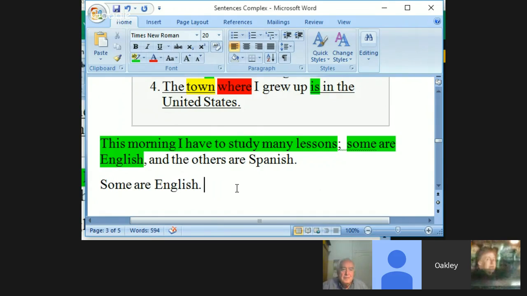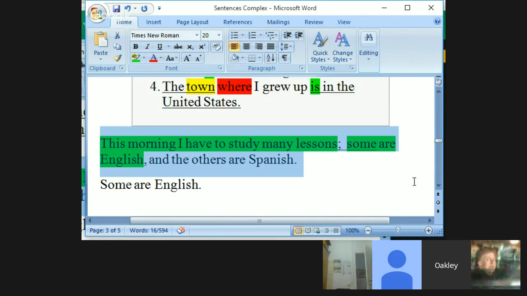Excuse me, I have to go just a moment. Okay. All right. But anyway, this would be a compound sentence, as in there are no dependent clauses here. Or I don't see any. I certainly don't see any subordinators. So, okay. Well, that's a really hard one to understand.